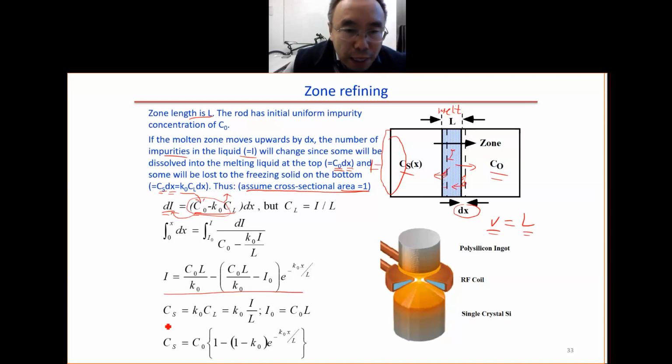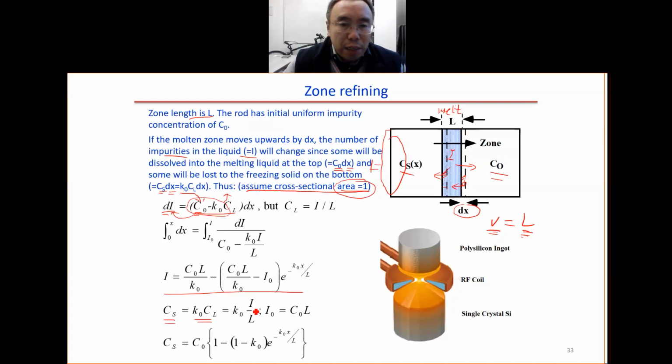We know that Cs is given by k0 Cl, and Cl is given by I over L. The area equals 1, so L is the same thing as the volume.